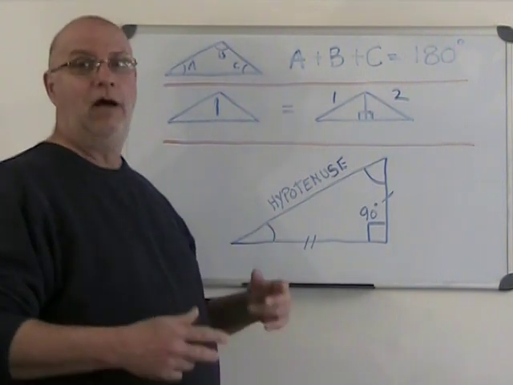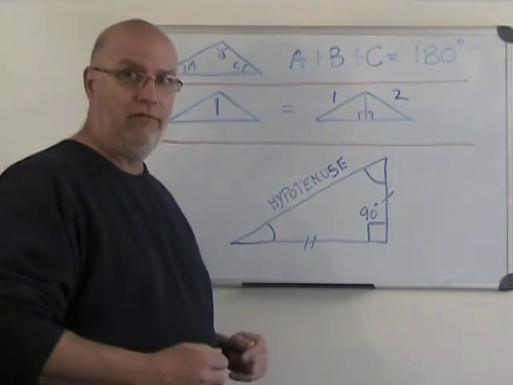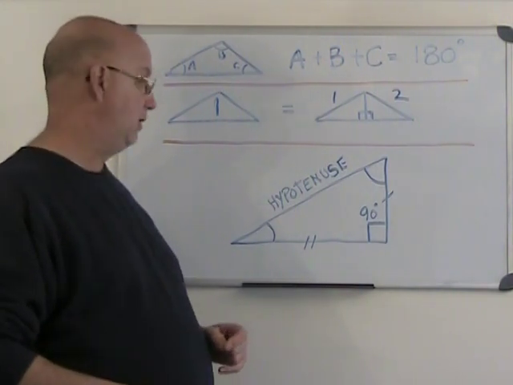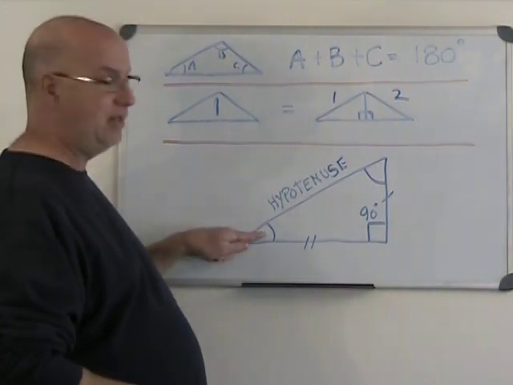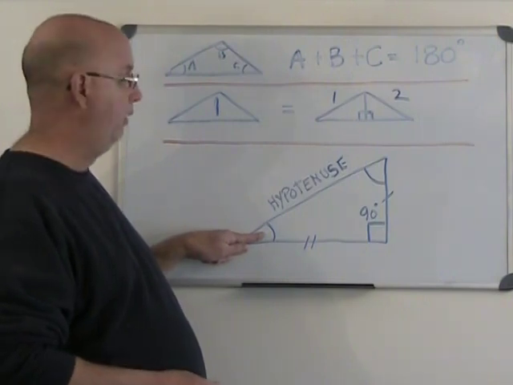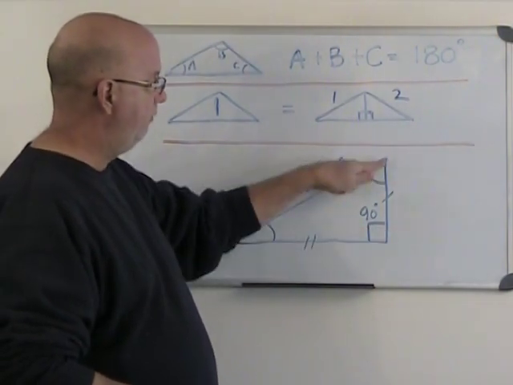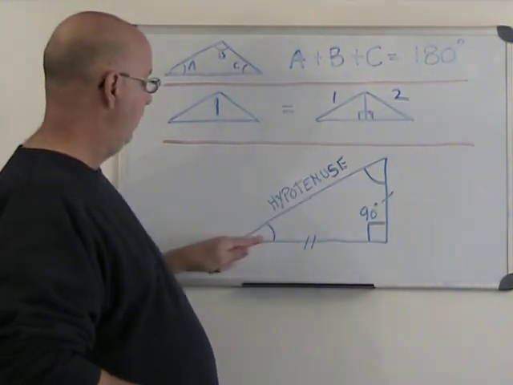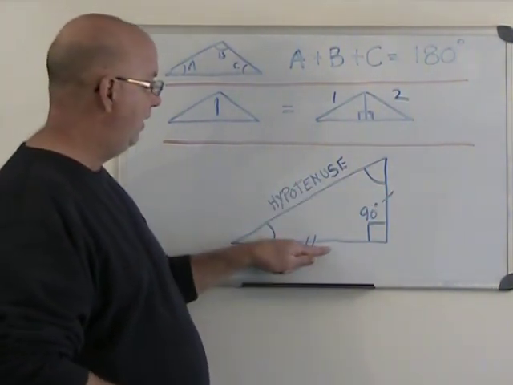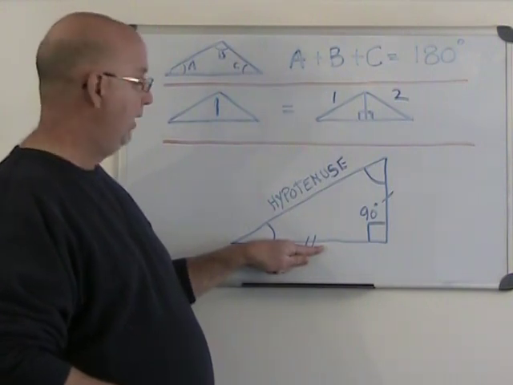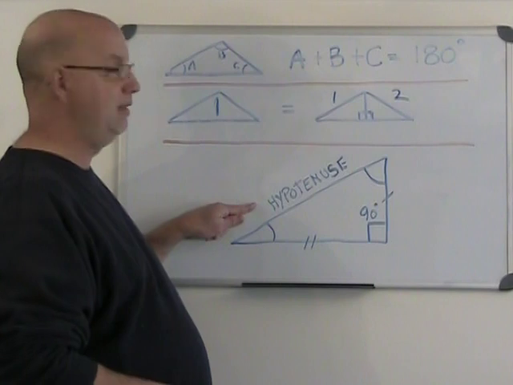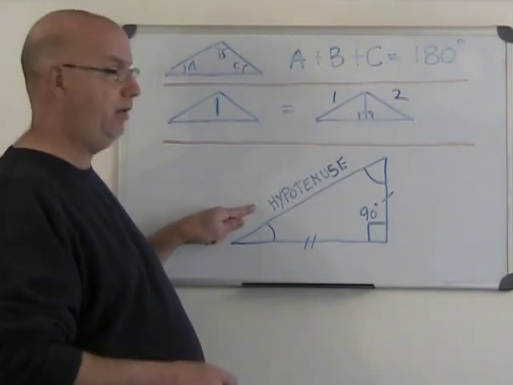And depending on which angle we're looking for, they'll be adjacent or opposite sides. So if I'm looking from this angle's vantage point, this side of the triangle is the opposite side of this angle, and this side is the adjacent side of this angle. And this is obviously always the hypotenuse.